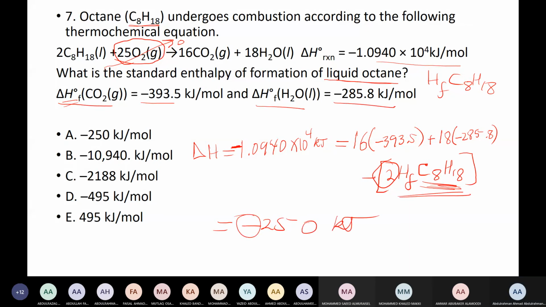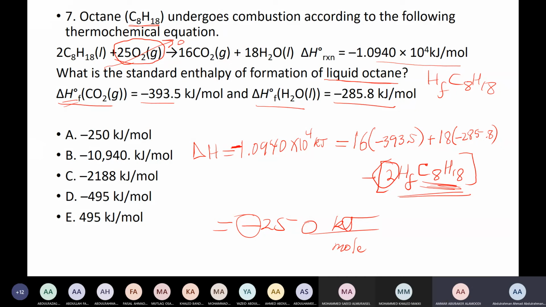Doctor, if he said the enthalpy of formation of liquid octane, do we need to change the equation, switch the product to the reactant?